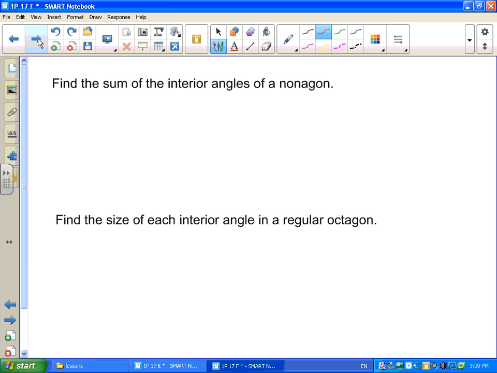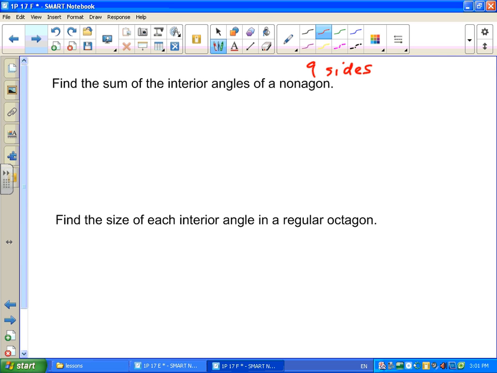So, for example, find the sum of the interior angles of a nonagon. How many sides do we have? Corey? 9. All right. So, we want to be able to draw a shape with 9 sides.